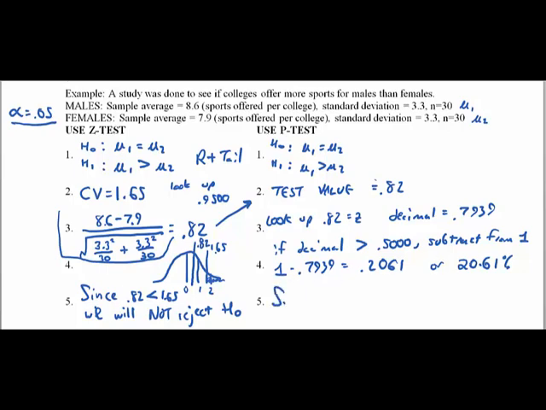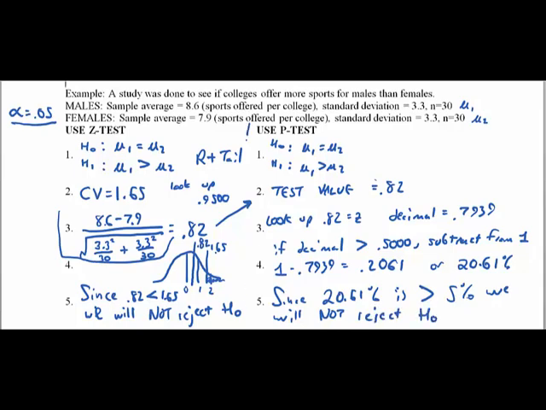So here's our conclusion. Since 20.61% is greater than 5%, which is my alpha, we will not reject the null hypothesis.